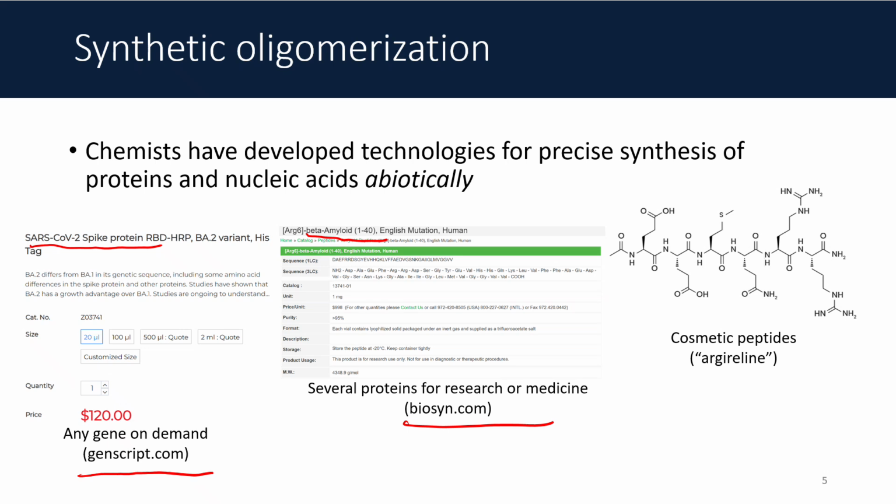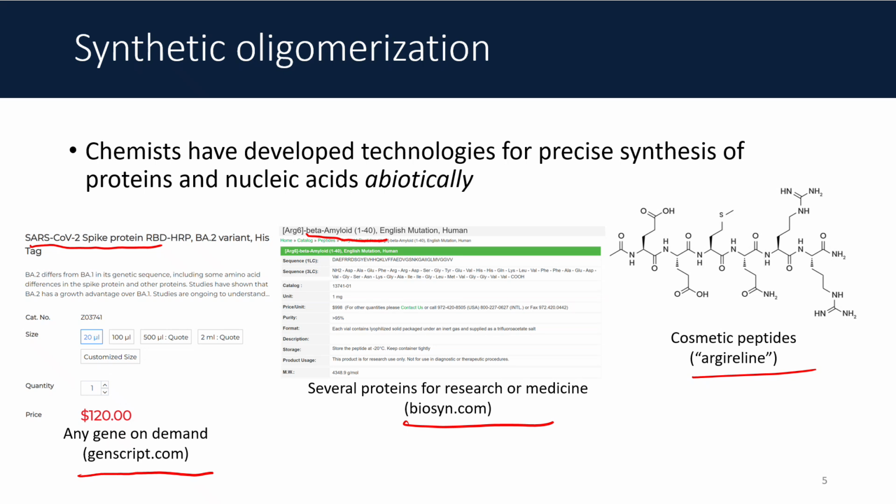And not all proteins or oligomers need to be so exotic and expensive. If, for example, you're into the cosmetic industry, arginine is a very abundant example of a simple hexameric peptide that's commonly found in wrinkle creams, I believe.